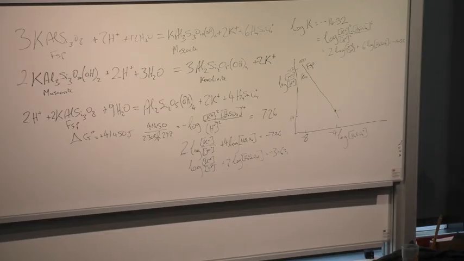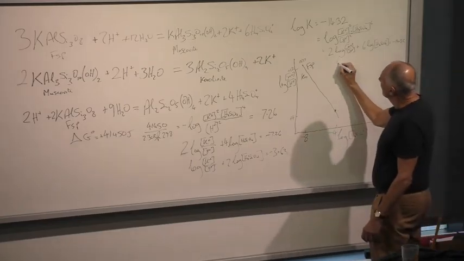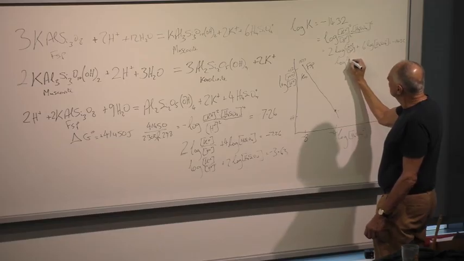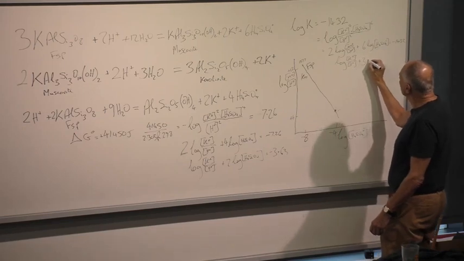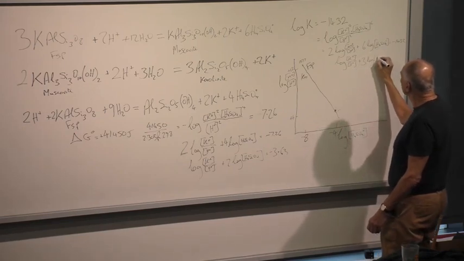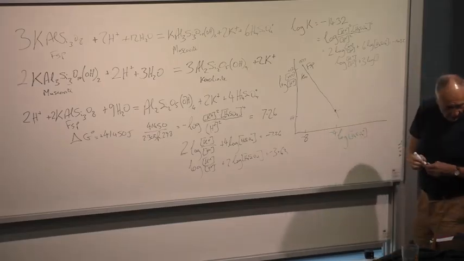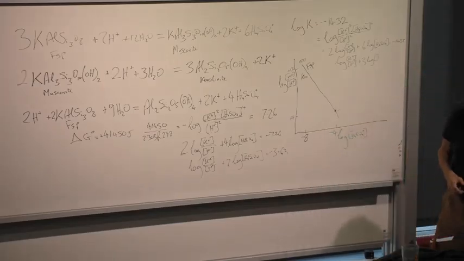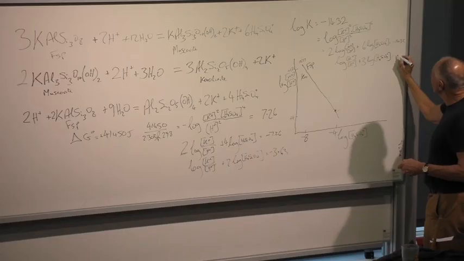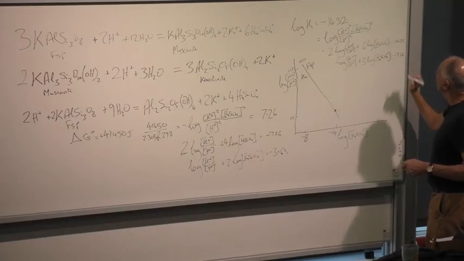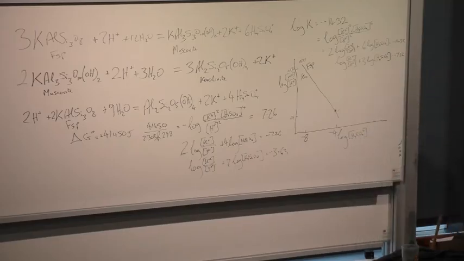Divide by 2: log K plus over H plus plus 3 log H4SiO4 is minus 7.16. Okay, so this is for this reaction.